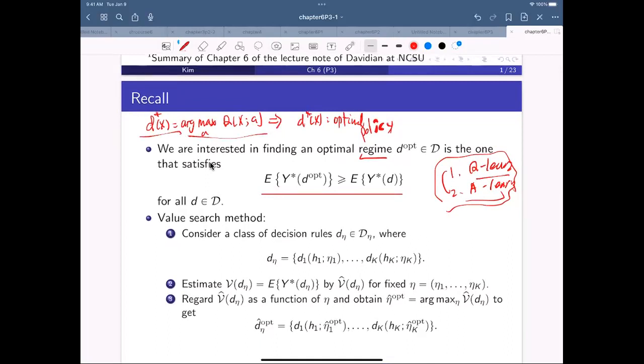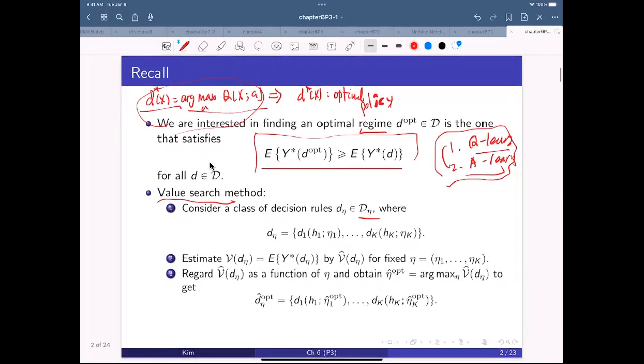Now today the value search doesn't really use this sufficient condition. Rather, it uses the definition directly, right? We want to use an unbiased estimator of the value function and then try to maximize it in a parametric class. So you should have a parametric class of policies or regimes, and then try to optimize among that class.